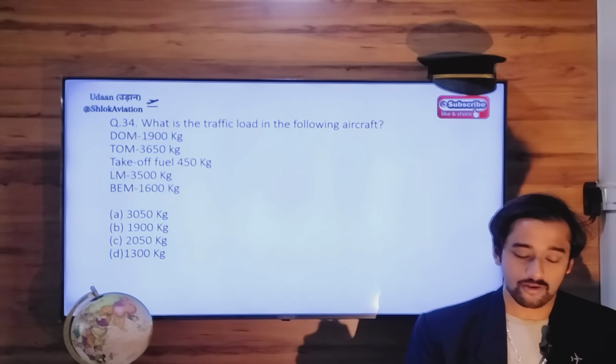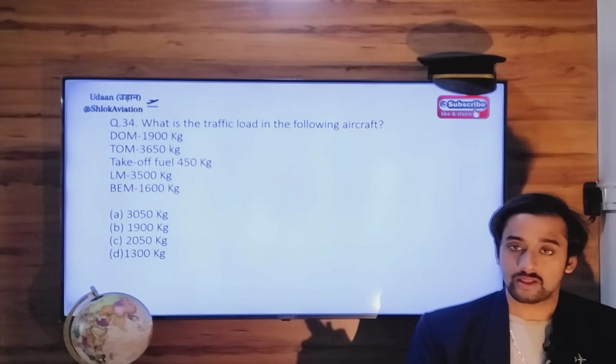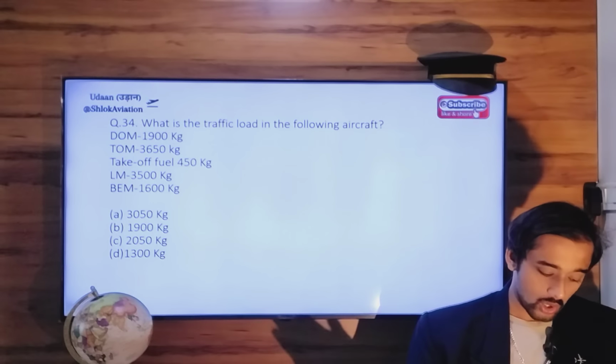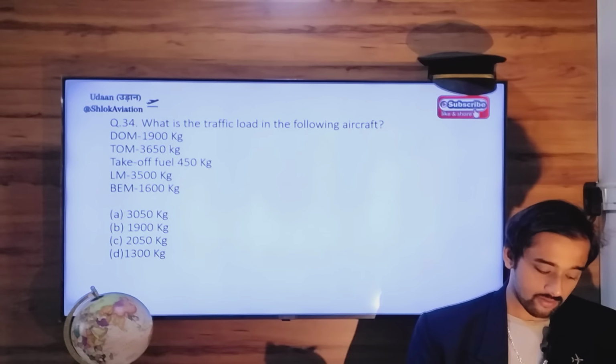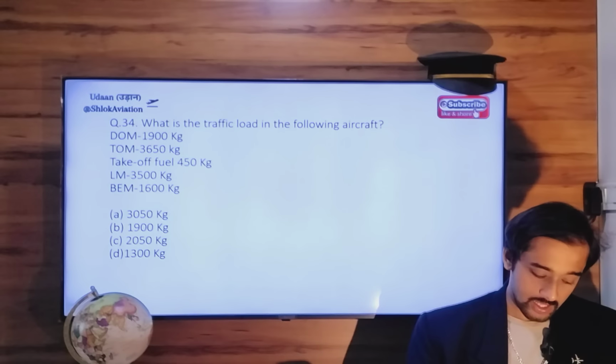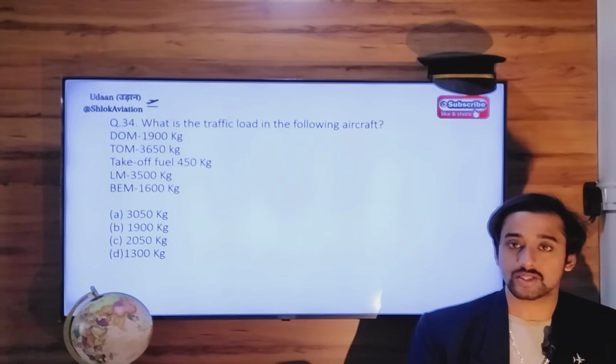Let's go to question 34. What is the traffic load in the following conditions? DOM is given, takeoff mass is given, takeoff fuel is given, landing mass is given, and basic empty mass is given.